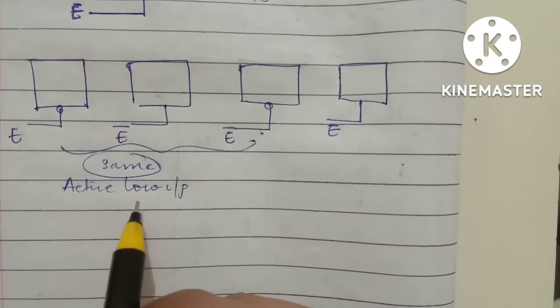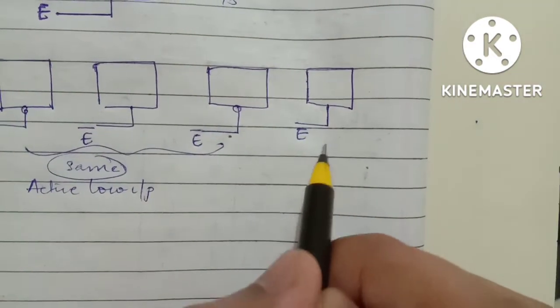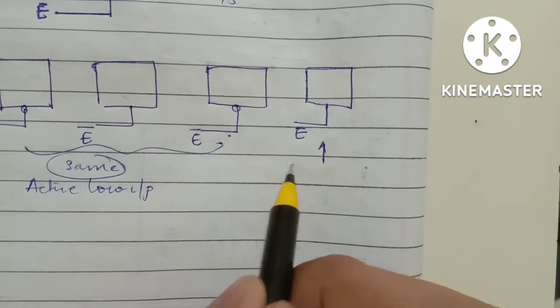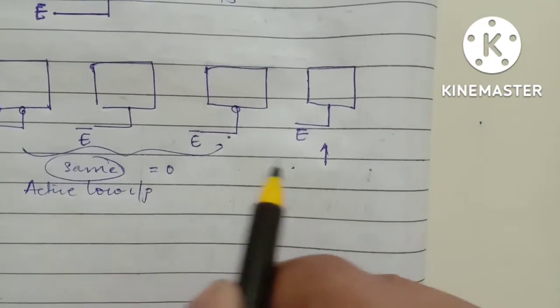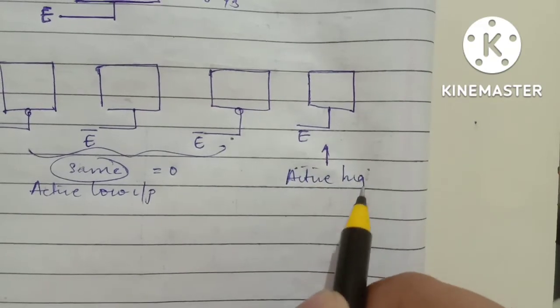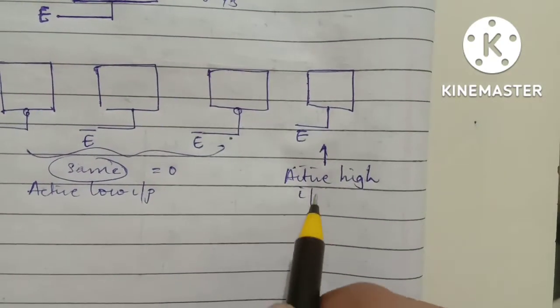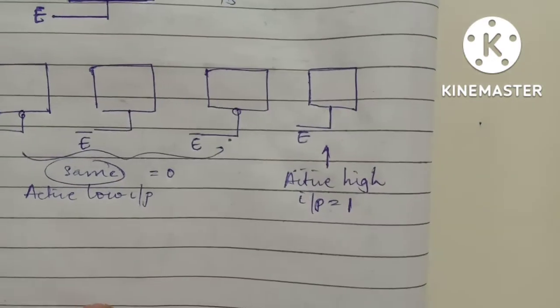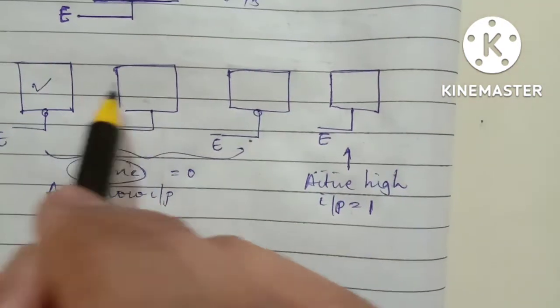And the direct one is active high input, that is equal to 1. These three conditions are the same.